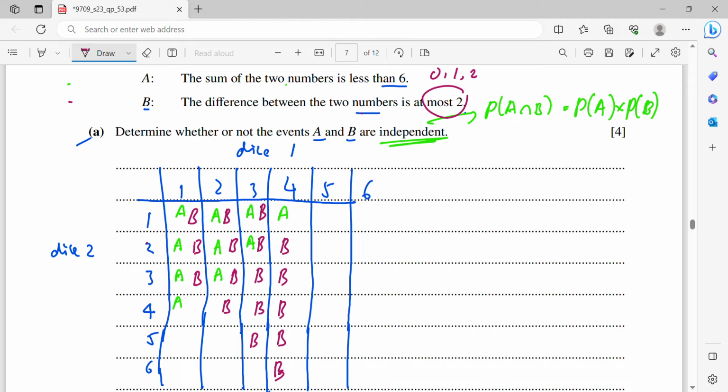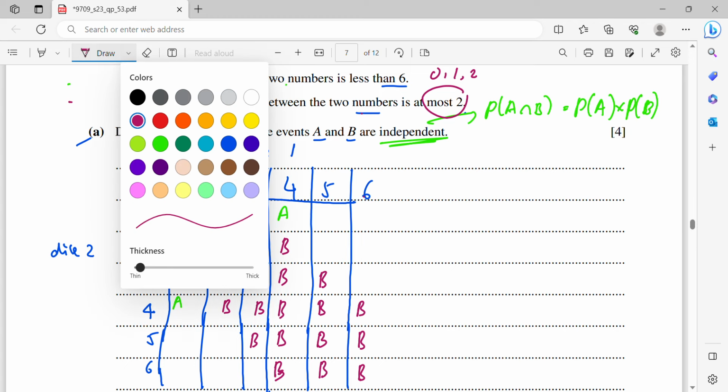So I will start from the back. 6 minus 5 is 1, which is B. 5 minus 5 is 0, B. 5 minus 4 is 1. 5 minus 3 is 2. Then I will start with the 6. So 6 minus 6, 0. 6 minus 5, 1. 6 minus 4 is 2. 6 minus 3 cannot, which is 3. So these are the outcomes.